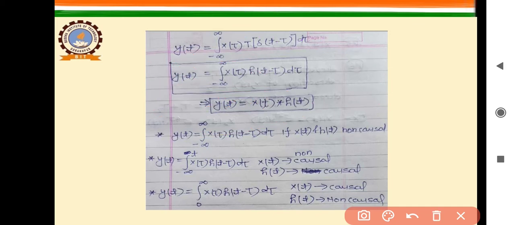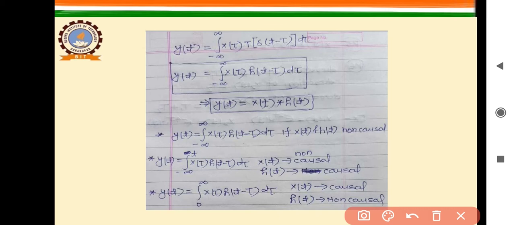So in the given example here, x(t) and h(t) both are non-causal. It means that both signals will exist from minus infinity to plus infinity, for both the regions of time. That's why we put the limit here from minus infinity to plus infinity.